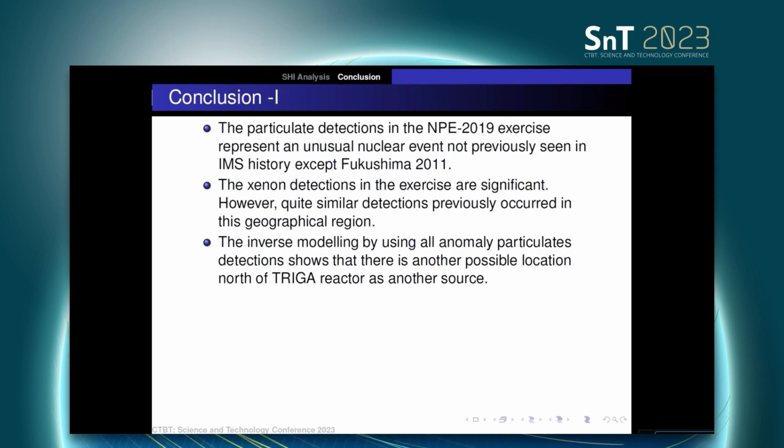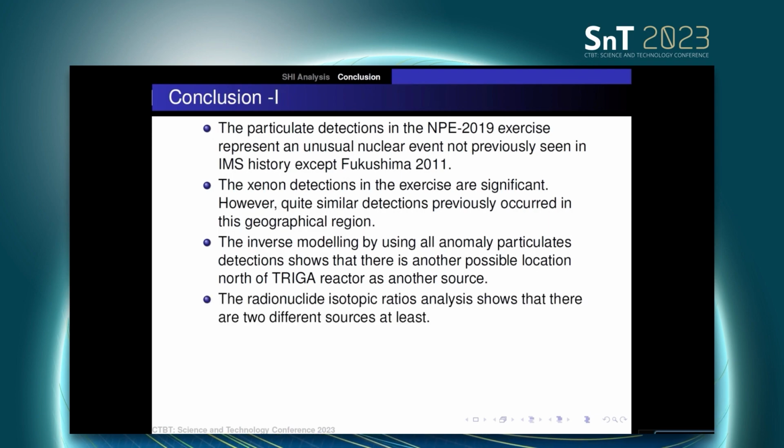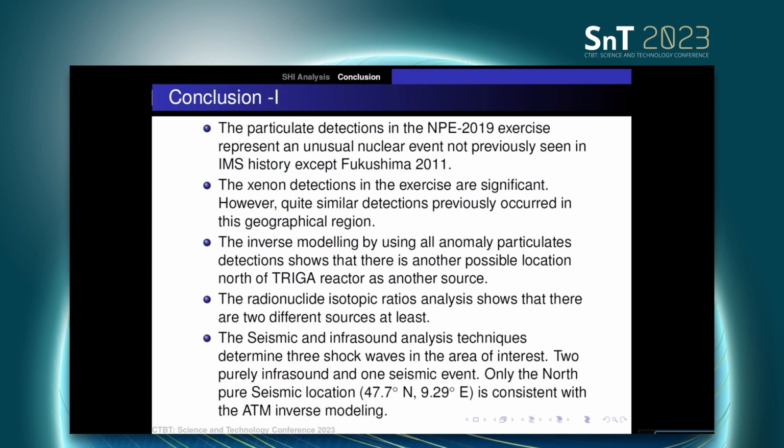The inverse modeling using all anomalous particulate detections shows that there is another possible location north of the Triga reactor. The radionuclide isotopic ratio shows that there are two different sources at least.